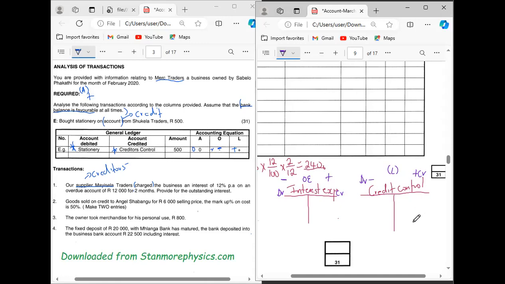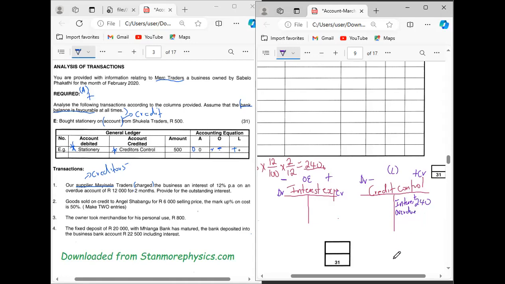Our liabilities will increase because now we are owing an extra 240. Then we have to write down the extra 240 as an interest. Interest on overdue account. It's an interest on overdue account.